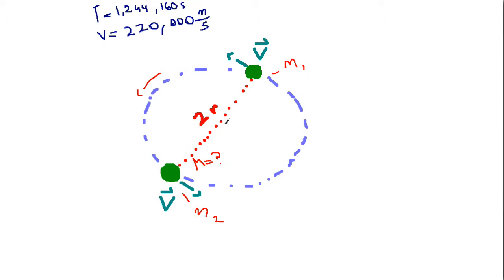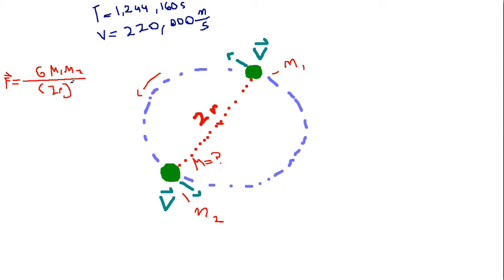So what we're going to do is apply the inverse square law for these masses. If this is mass m1 and this is mass m2, the force attracting each other is equal to G m1 m2 over 2r squared.